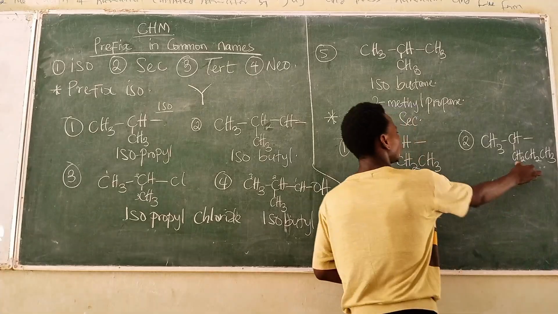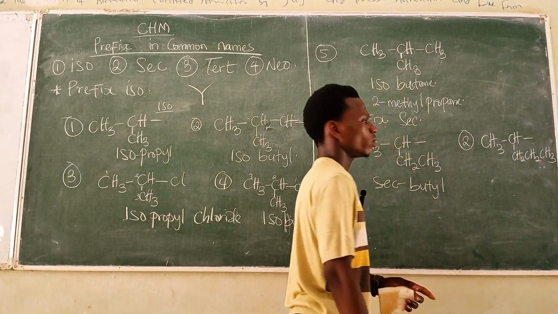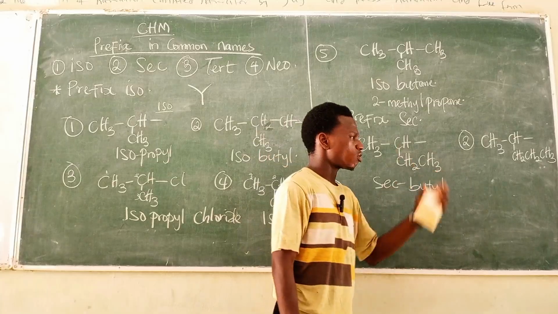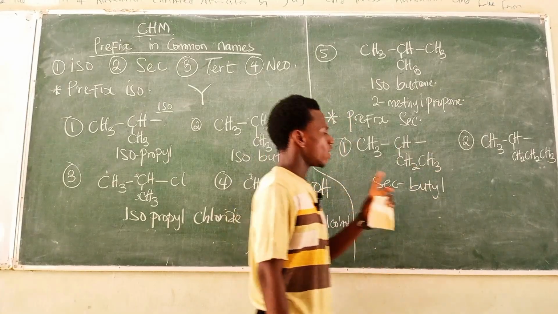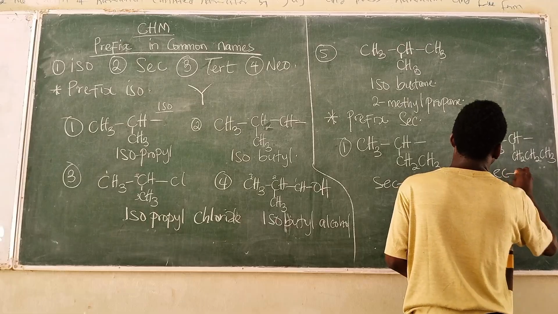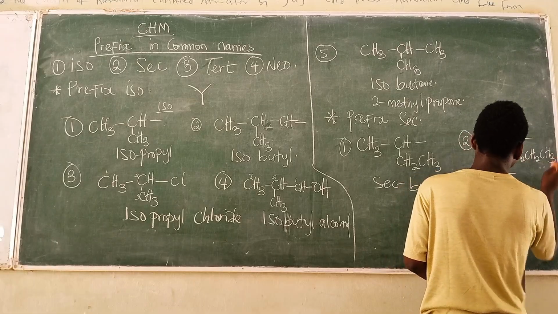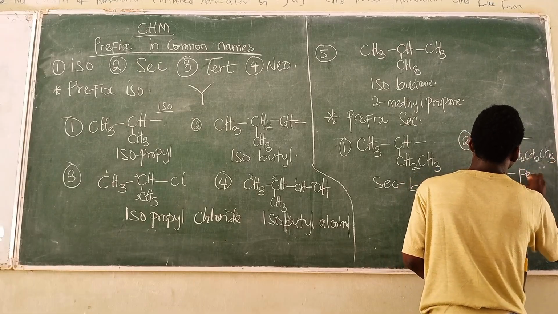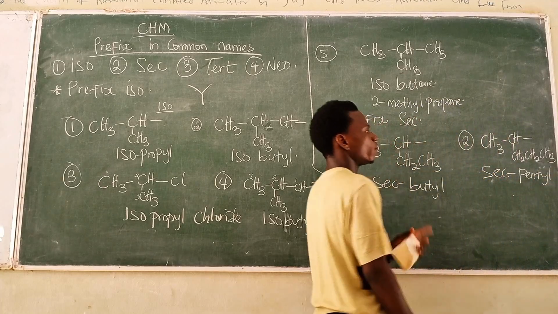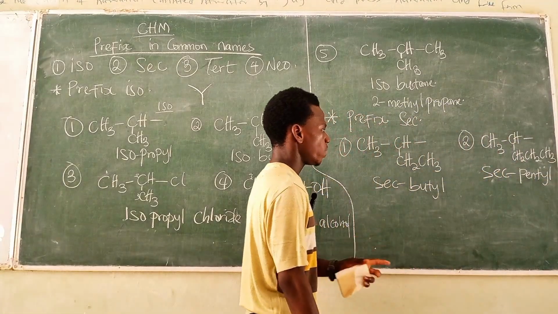Let's say the alkyl group that is bonding to the second to the last carbon atom is a propyl in this case. Now we are going to call this sec with 1, 2, 3, 4, 5 carbon atoms. So the name becomes sec-pentyl.